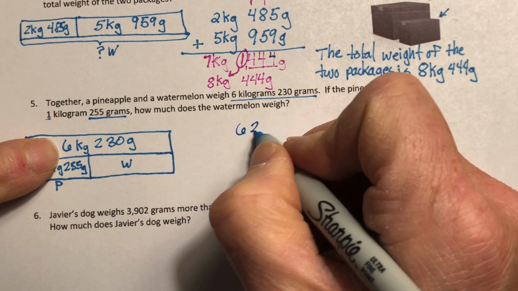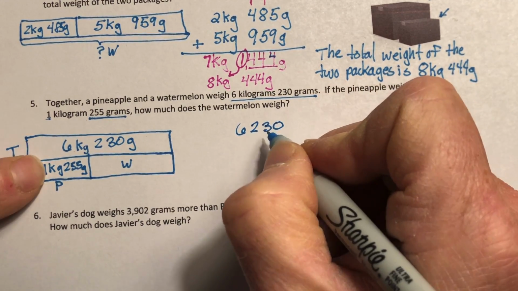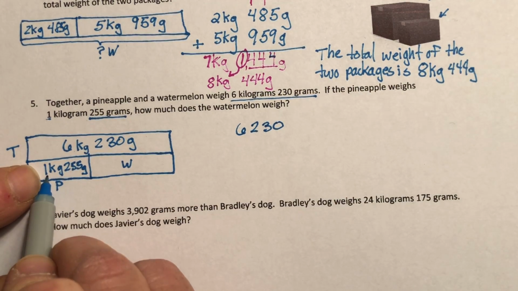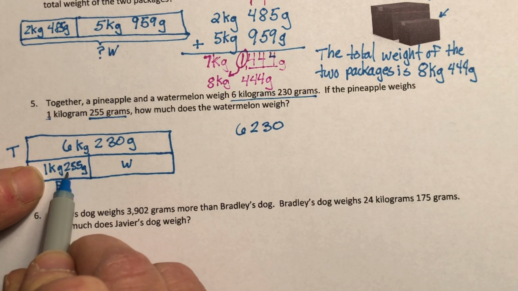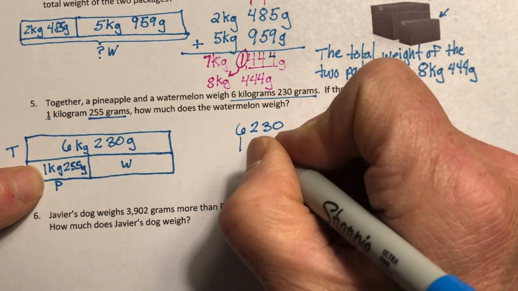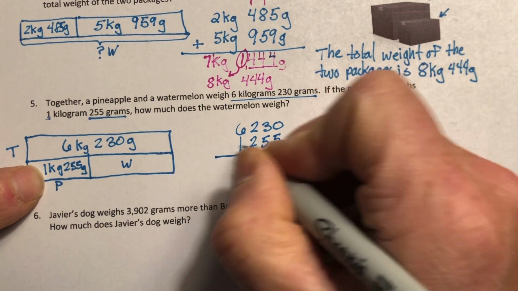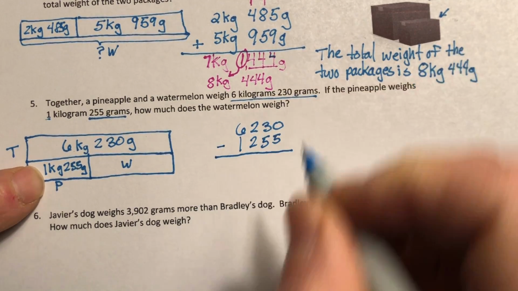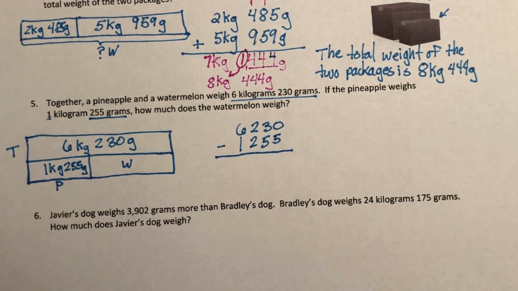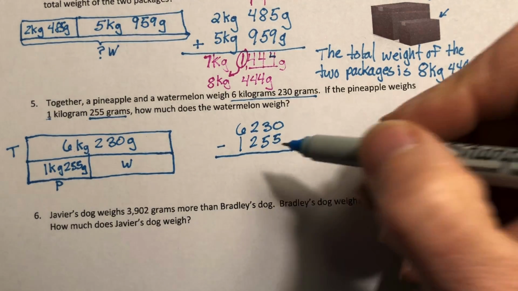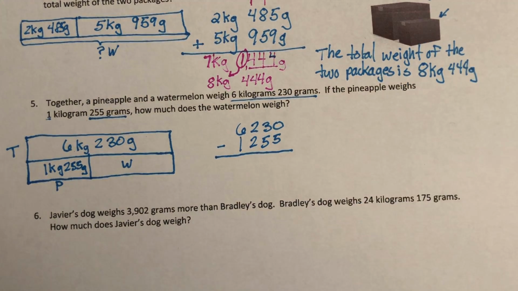So 6,230 minus 1,000 grams plus 255, 1,255. So I just converted these all to grams. I'm going to subtract them and then convert it back to kilograms and grams. So let's get started. Let me change my colors.